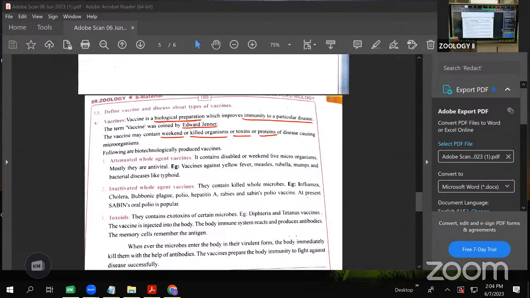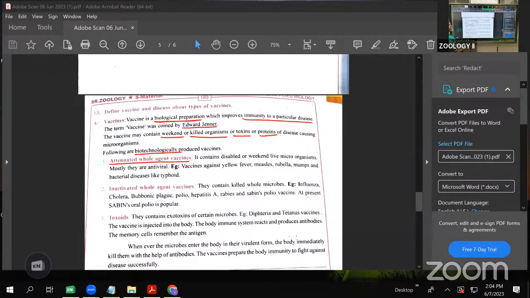Next, the biotechnologically produced vaccines means we synthesize vaccines by technology. The first type we discussed yesterday, but one more time I will explain, because the last one I didn't. Attenuated whole agent vaccines.